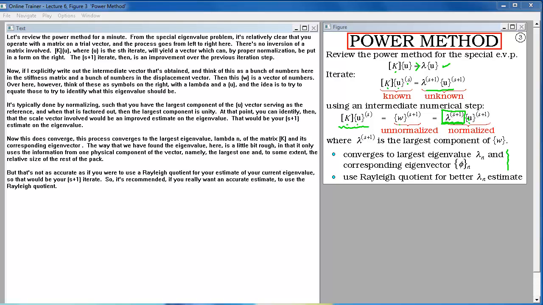But that's not as accurate as if you were to use a Rayleigh quotient for your estimate of your current eigenvalue. That would be your S plus first iterate. So it's recommended, if you really want an accurate estimate, to use the Rayleigh quotient.